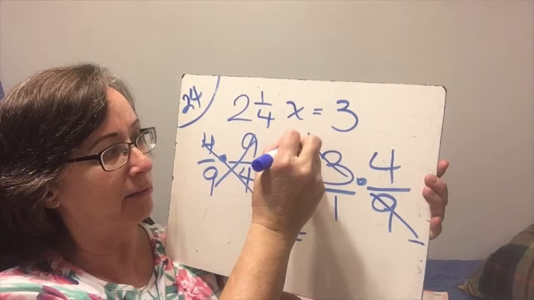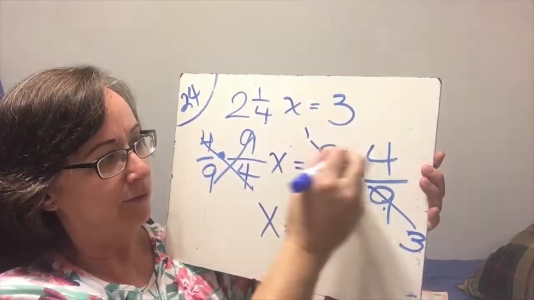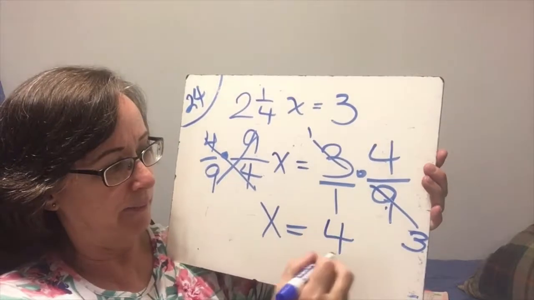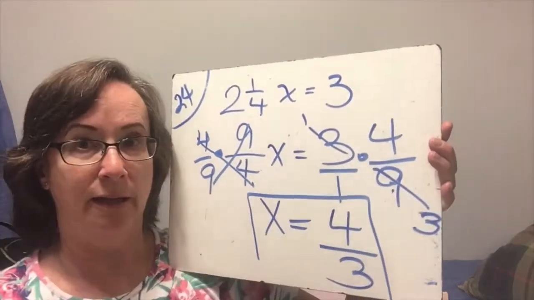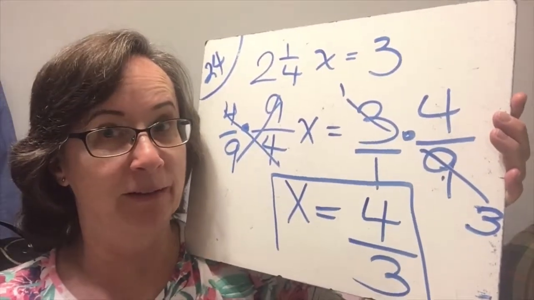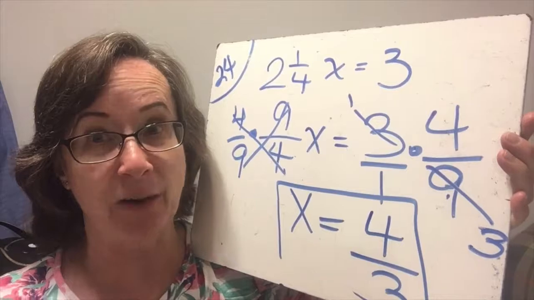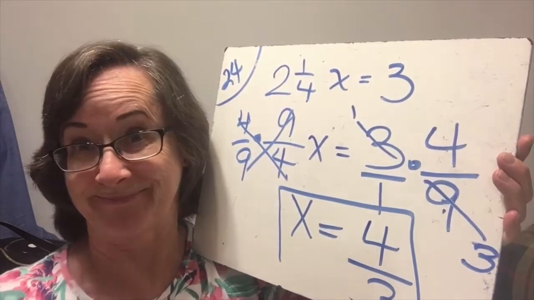Divide the top by 3 and I get 1. Divide the bottom by 3 and I get 4/3. And I'm going to leave my answer 4/3. If I had to turn it into a mixed number, it would be 1 1/3. But I don't have to unless they tell me to, or unless I see a mixed number in the problem.